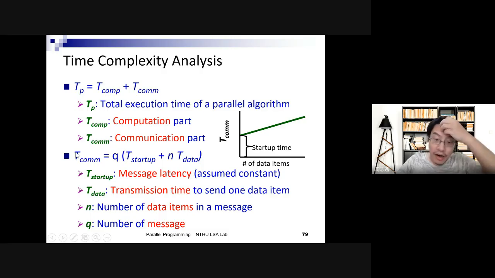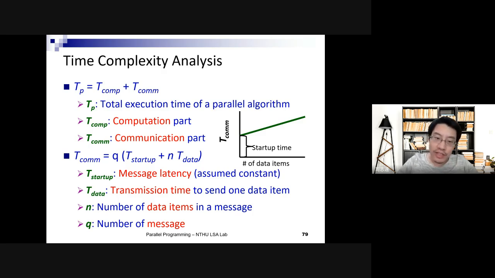And the latency part, as we know, usually it's a constant, right? You have a constant latency time when you initiate communication or when you try to send out a packet. So that's t_startup to indicate that constant delay for doing communication. And for the bandwidth, that's the data transfer time, right?